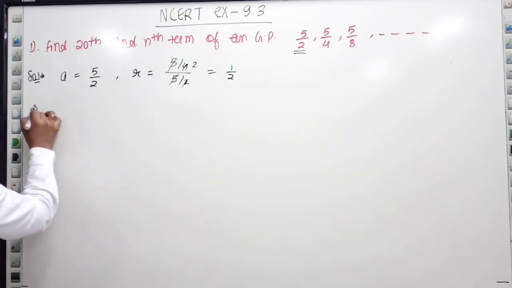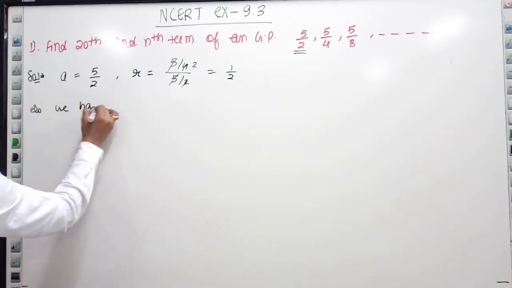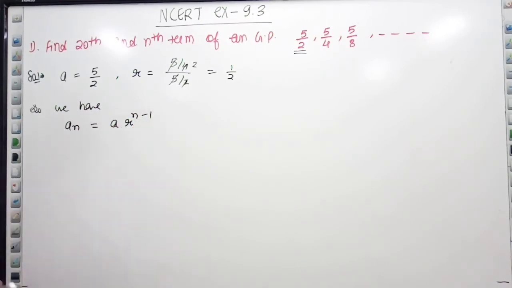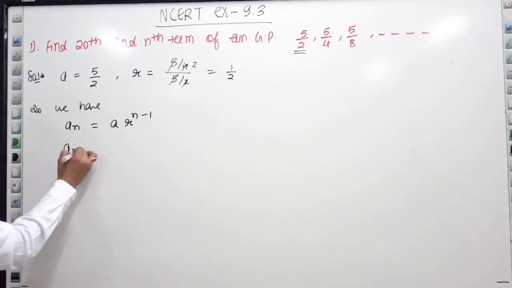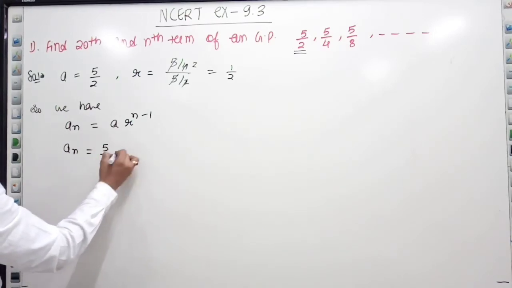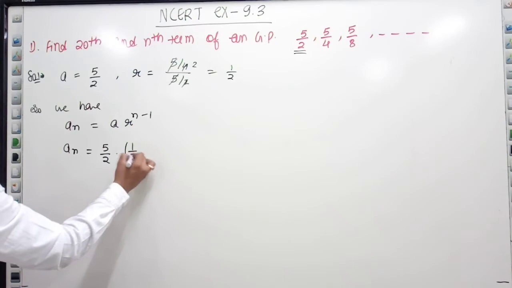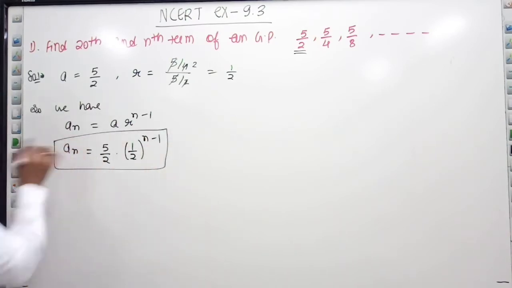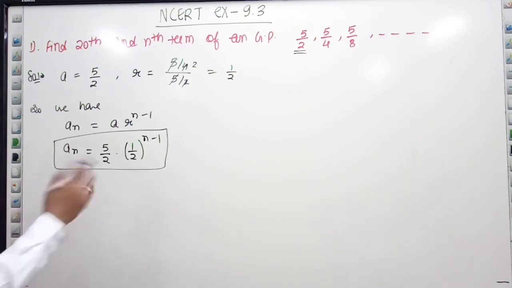So we have the formula for the nth term, a r to the power n minus 1. Now if I put the value of a as 5 by 2 and r as 1 by 2 to the power n minus 1, this can be written as the nth term. I can further simplify this.